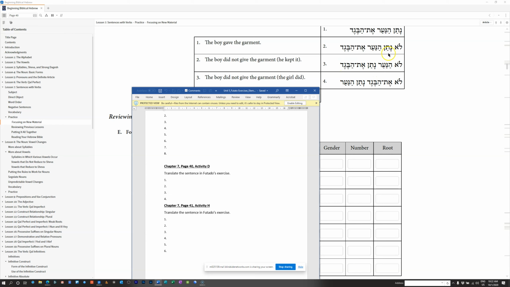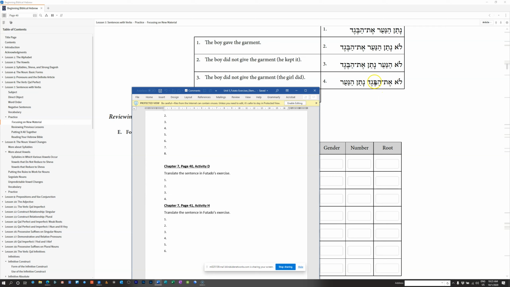Up here in number 2, we're not saying that the boy didn't do anything with the clothing. We're just saying he didn't give the clothing. And then down here in number 3, we're not saying that the boy didn't give anything. We're just saying he didn't give the clothing or the garment. Et habeged is what is negated. So the boy did not give the clothing.